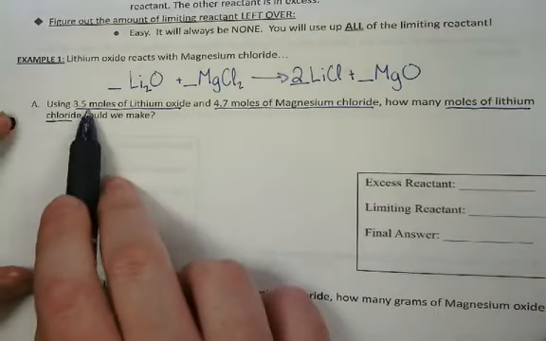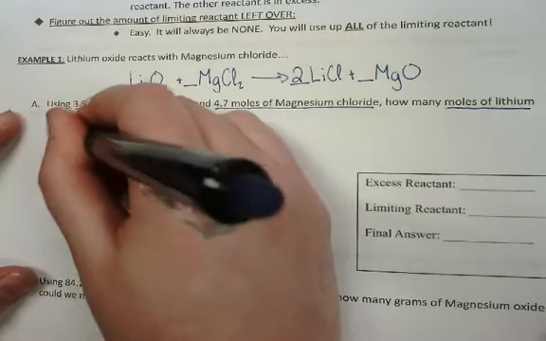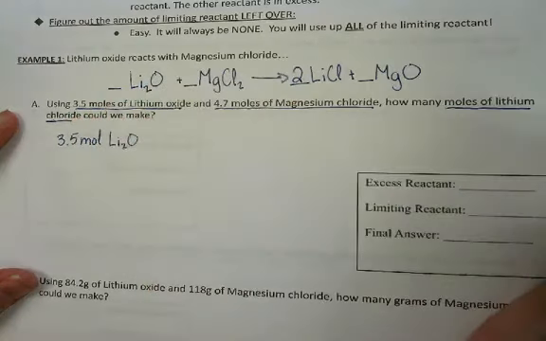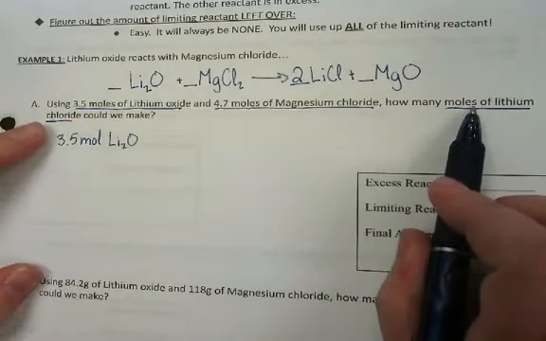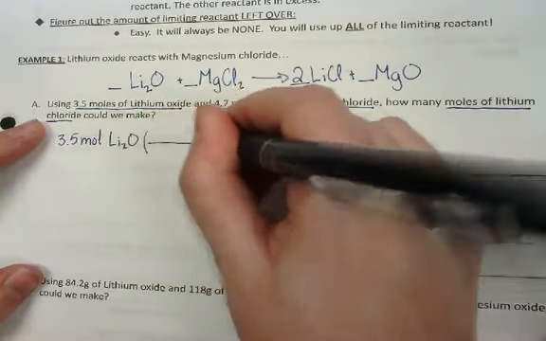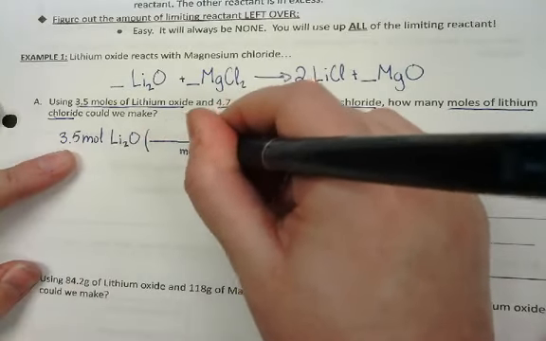So I'm going to start with lithium oxide. Our given is 3.5 moles of lithium oxide. And I need to get to moles of lithium chloride. So I need to get out of moles of lithium oxide, so I'm going to put that on the bottom.